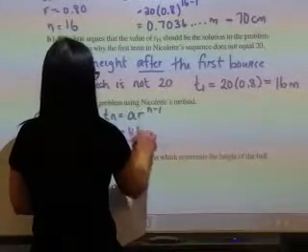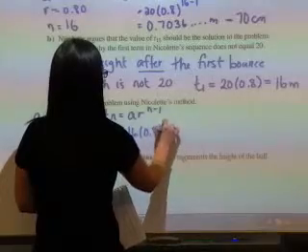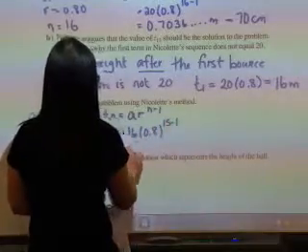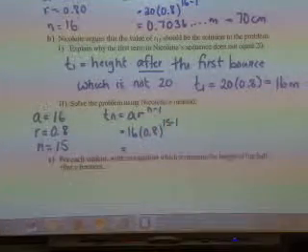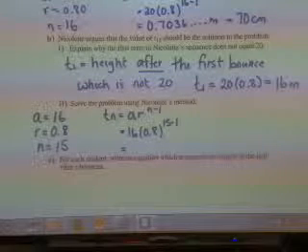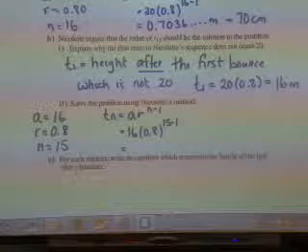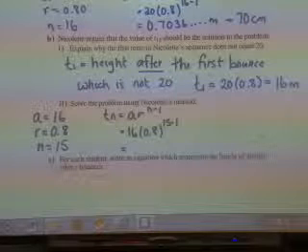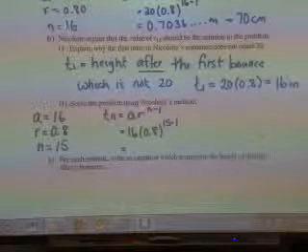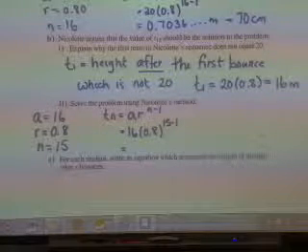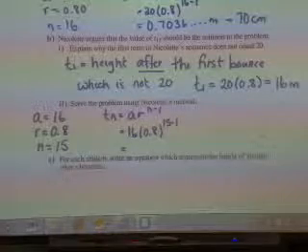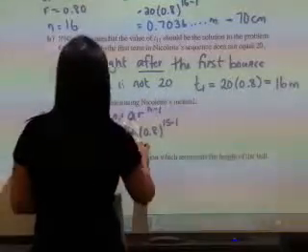So I get 16 times 0.8 to the power of 15 minus 1. And what do I get? I get the same answer.